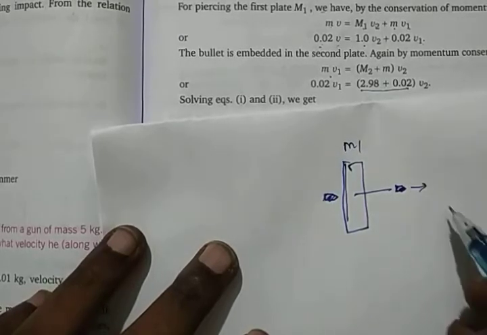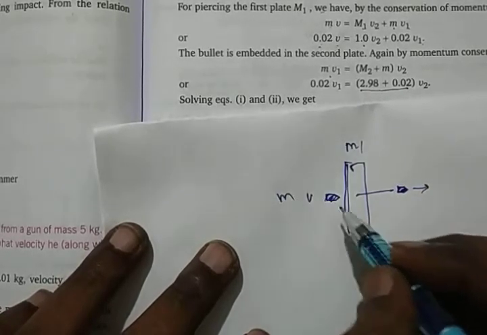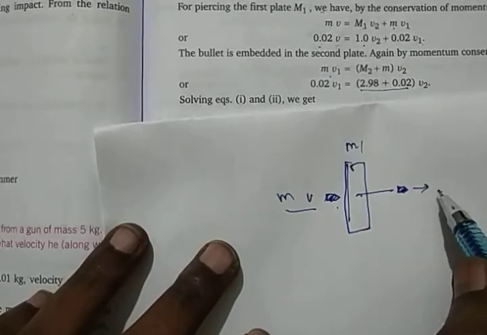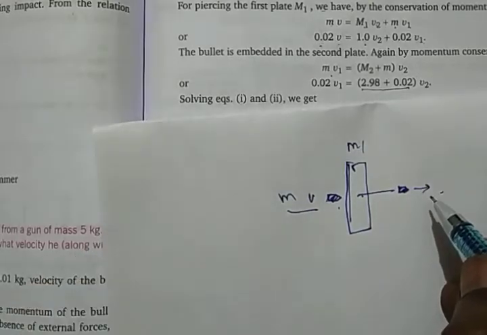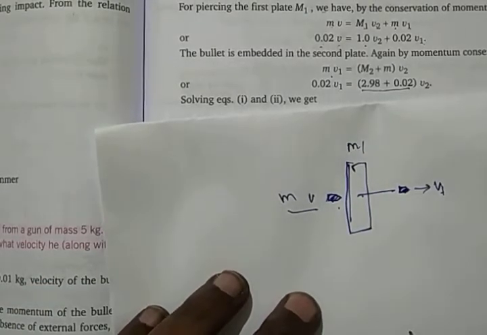So initially v was there and mass is m, the initial velocity of the bullet. Now it hits and then goes away. As it hits and goes away, we are going to take the velocity as v1.